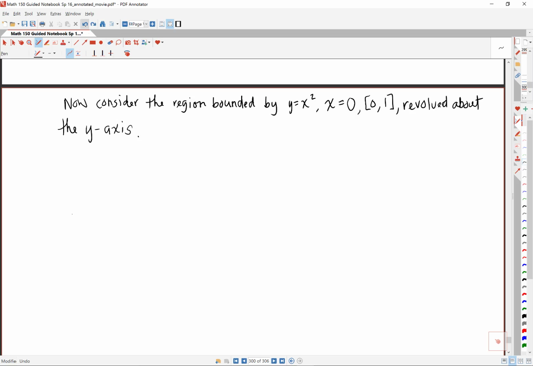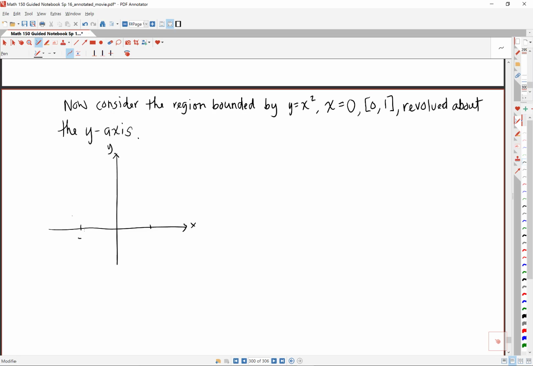Okay, so now our picture will look more like this. We'll have our x and our y. And our region will be a little bit different this time since I changed the bounds.